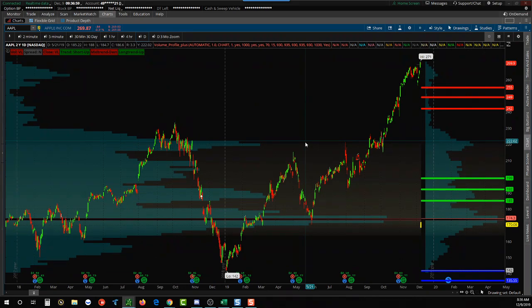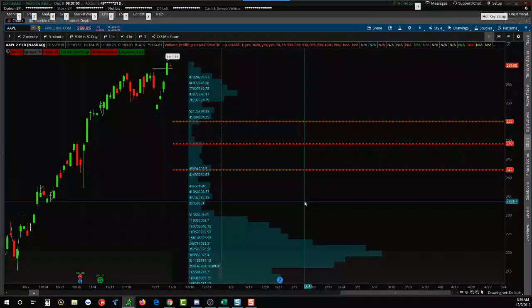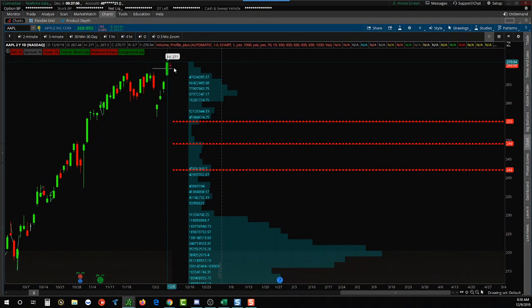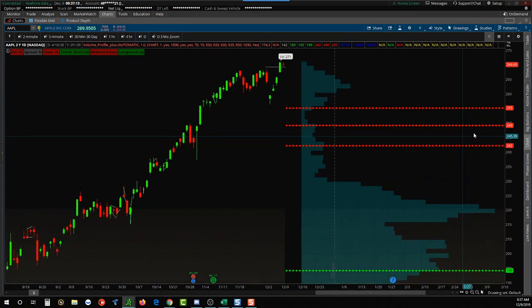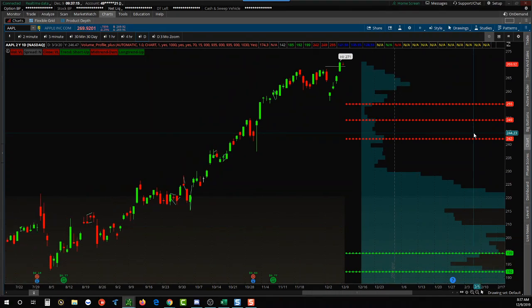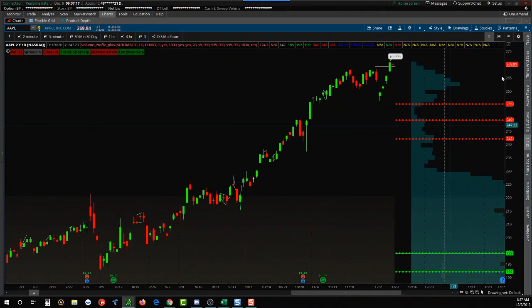If you're looking for a trade on Apple for a long term, recognize that it set a new high. You'd be looking for the pullback, the validation, and then the move up. You don't yet have those. You don't have the validation. You don't have anything yet.